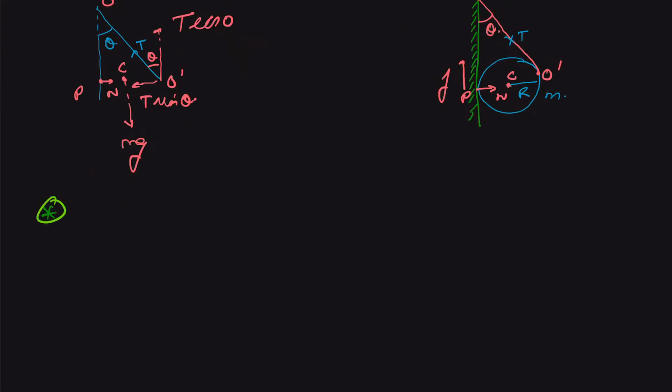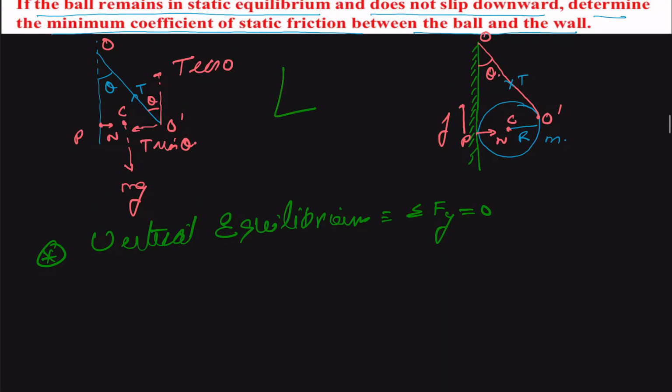Therefore, for vertical equilibrium, summation in y should be equal to 0, where this is x and y.